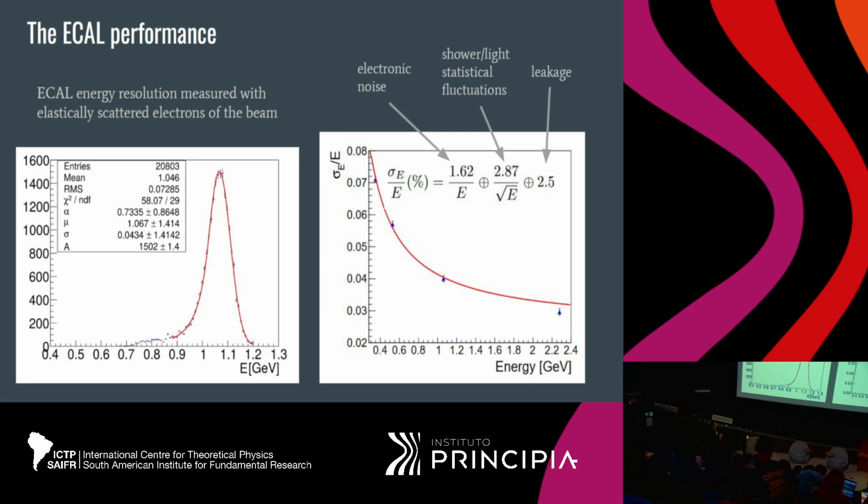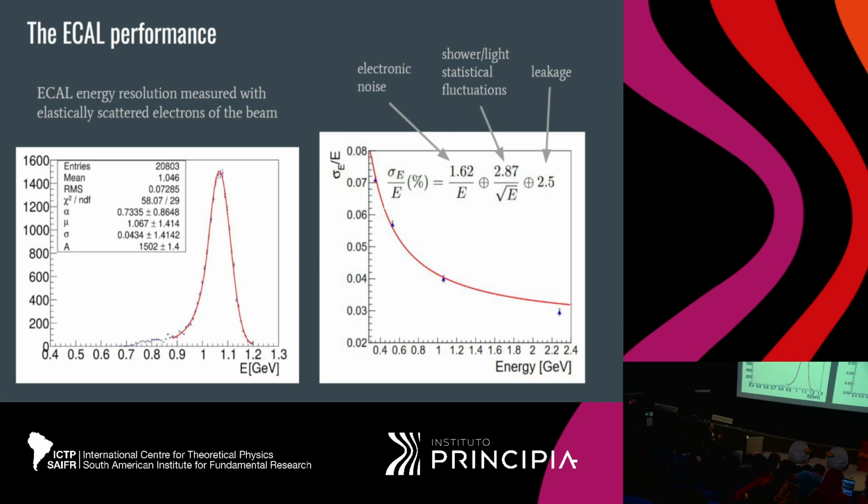For example, this is a peak of energy measured with a beam energy of about 1.1 GeV. And here, if you repeat this many times and you perform a fit to these signals at different beam energies, you can evaluate your resolution with respect to the energy. And as you can see, it follows a shape which is typical for an electromagnetic calorimeter.